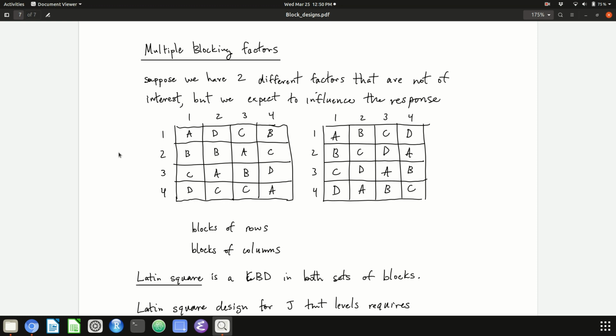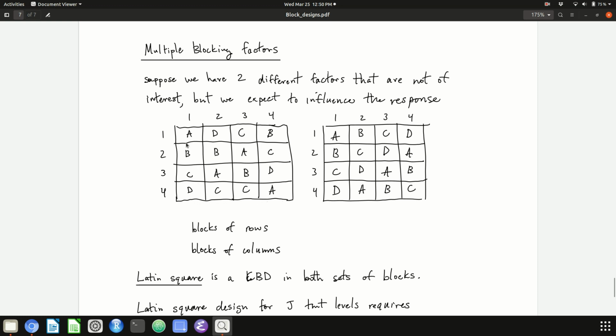And the idea here is you'd want to come up with a design that's balanced with respect to both of the blocking partitions. So let's think about the left one versus the right one. The left one is balanced with respect to the columns.